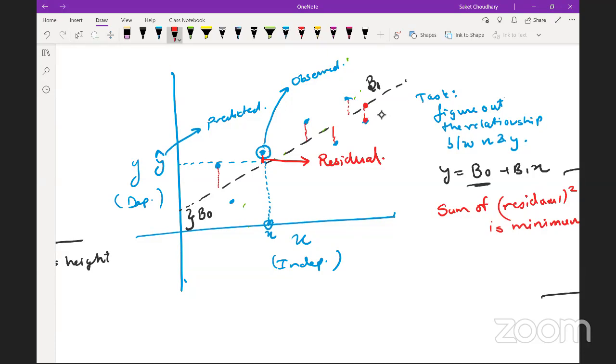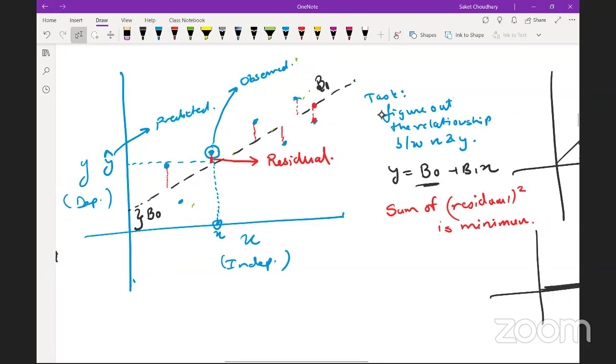And that's how you get a very unique fit. So this line is a unique fit line, and the only reason it's unique is because of the presence of this criterion. So this ensures that the line is a unique fit.